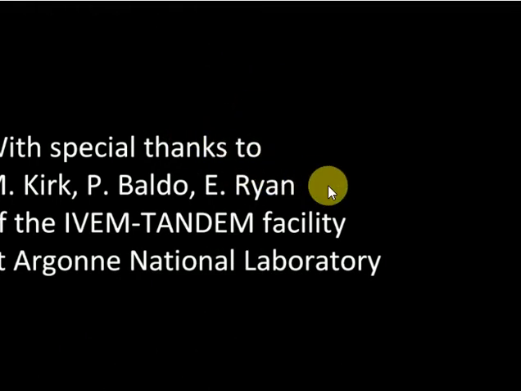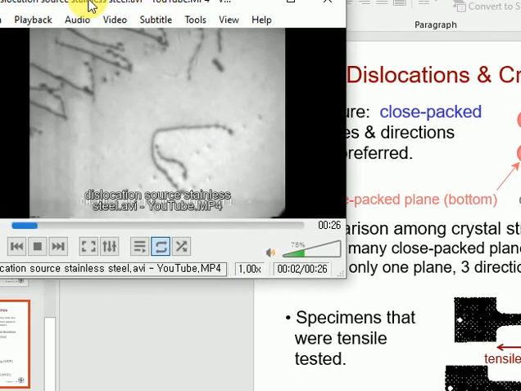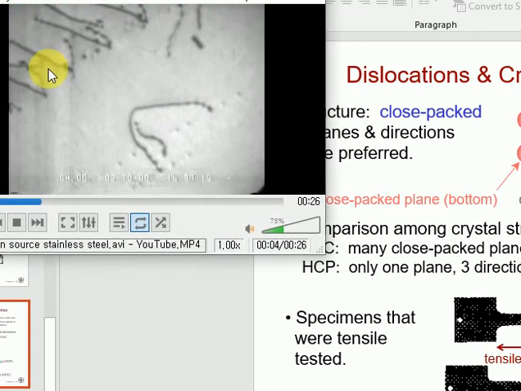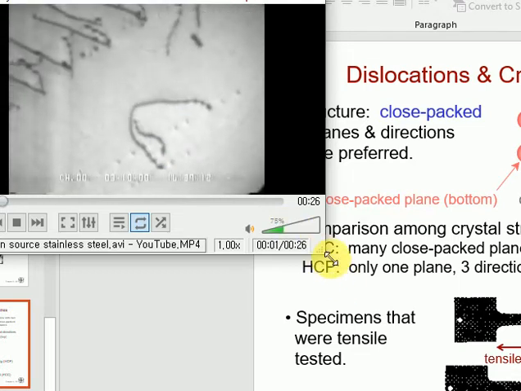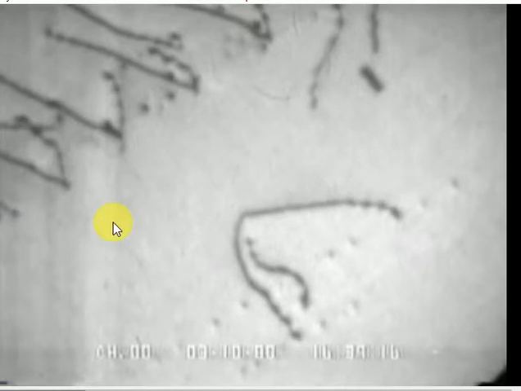But the thing is, in the actual material the dislocation cannot move in a straight line, and this is because the stresses are not applied in the same direction to all the grains or all the atoms within a material.